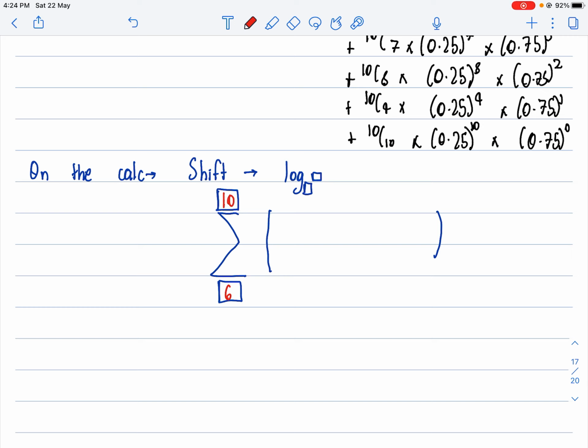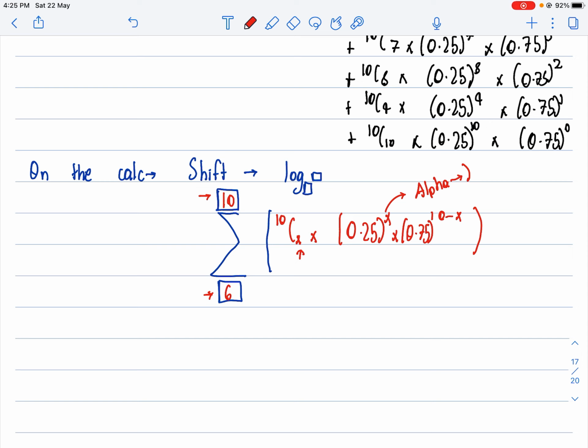And here you can simply write 10Cx into the probability, which is 0.25 raised to x, into 0.75 raised to 10 minus x. So just simply write this. x will take all the values from 6 to 10 inclusive, and to write an x, you can simply click on alpha and the closing bracket button.